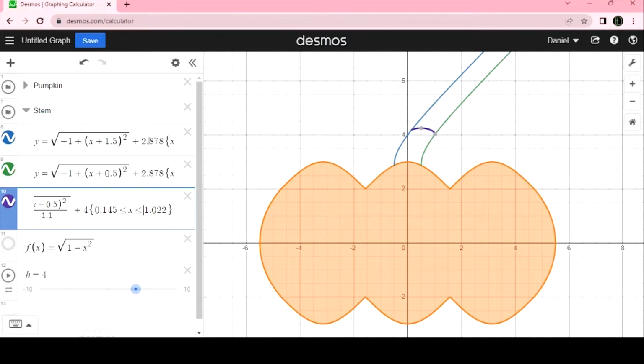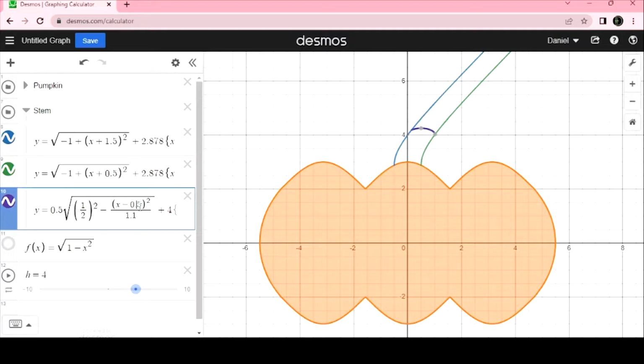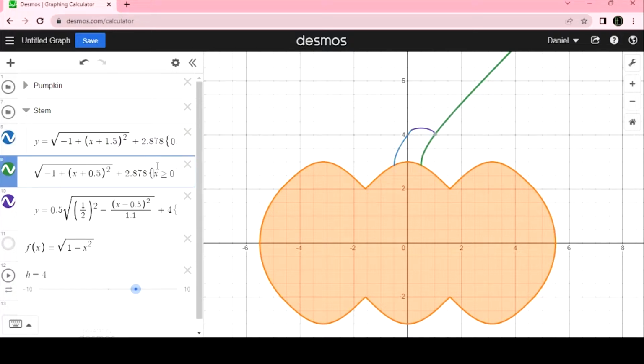And then that would tell us what the upper bound is on this one. So for the left side it is 0.145, and for the right side it is 1.022. Okay, so now we have some kind of stem that we can work with.